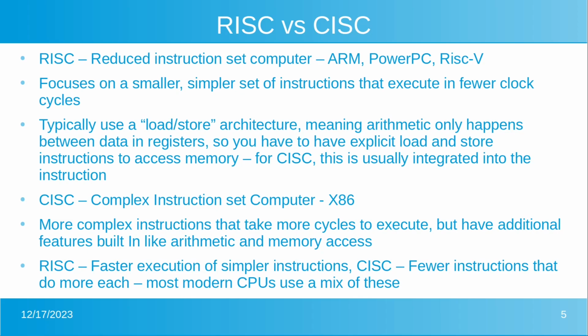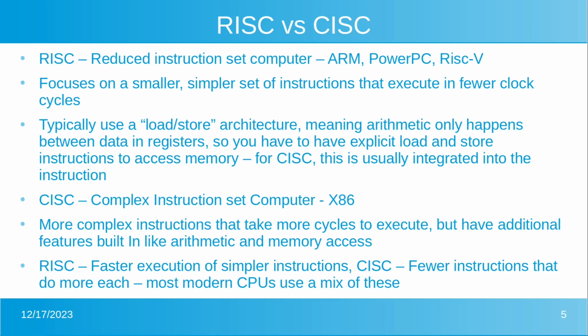So you can just give it an instruction and it will handle all of the load store for you. Whereas with RISC, you have to do that yourself. So load and store are their own instructions. They're not built into the instructions for a RISC architecture. That makes them simpler, but it also means that you have to do more of the instructions.